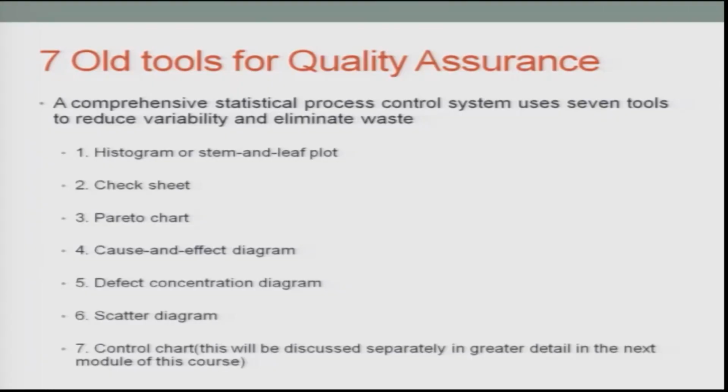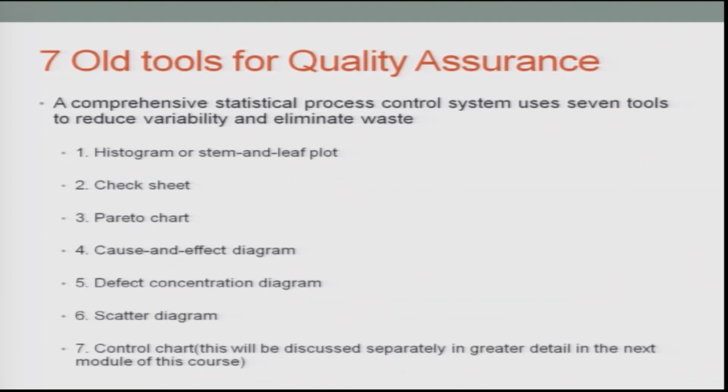One is the histogram or the stem and leaf plot, and how they are utilized as statistical process control tools. Then you have the checklist or check sheet. Then the Pareto charts and Pareto analysis, the cause and effect diagram, and the defect concentration diagrams.